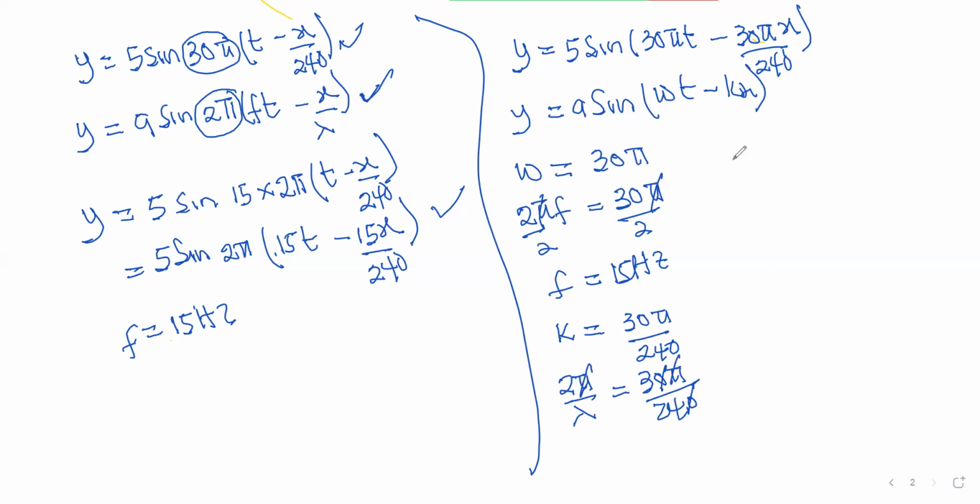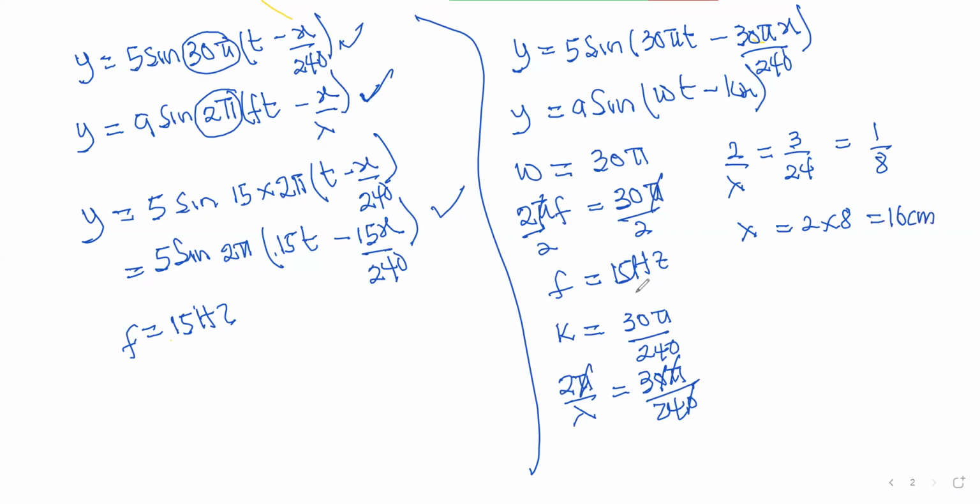So we have 2 on λ giving us 3 on 24, and this is 1 on 8. 3 on 24 is 1 on 8. Therefore, λ will be equal to 2 by 8, which is 16 centimeters.